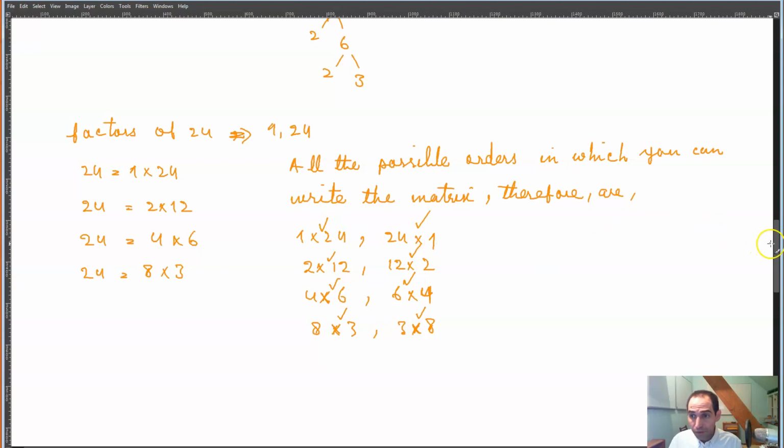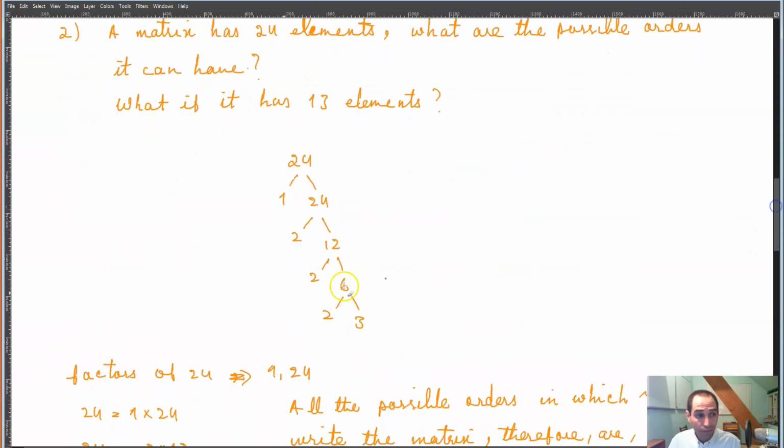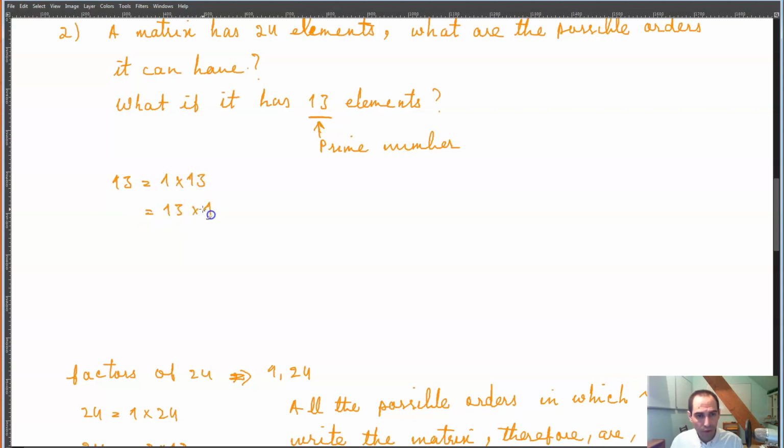And the second part of the question: if you have only 13 elements, you know that 13 is a prime number. Since it's a prime number, the only way that you can write 13 is as 1 times 13, or 13 times 1.